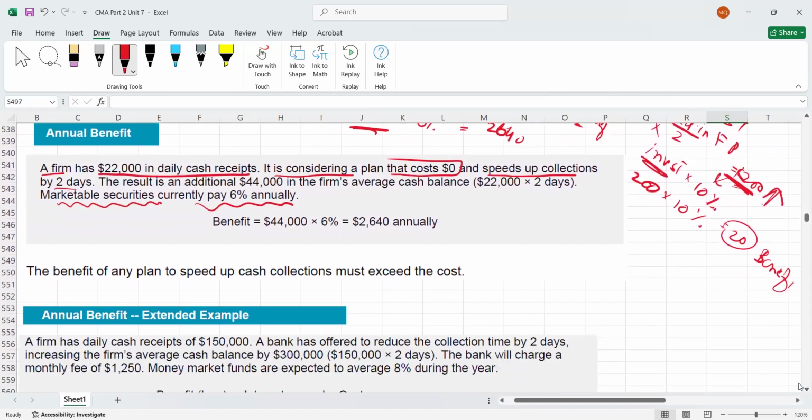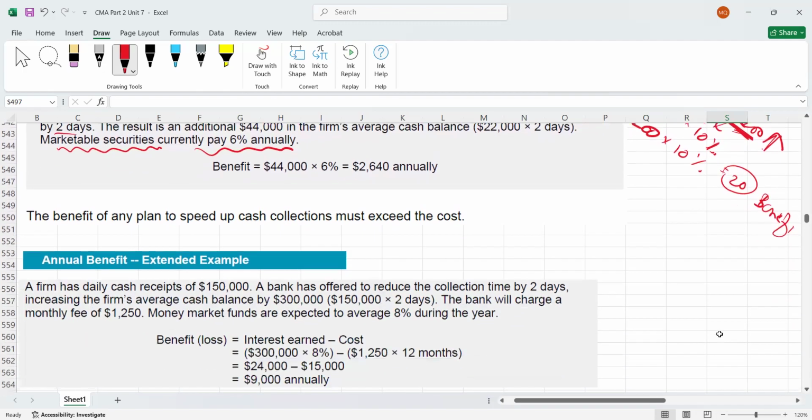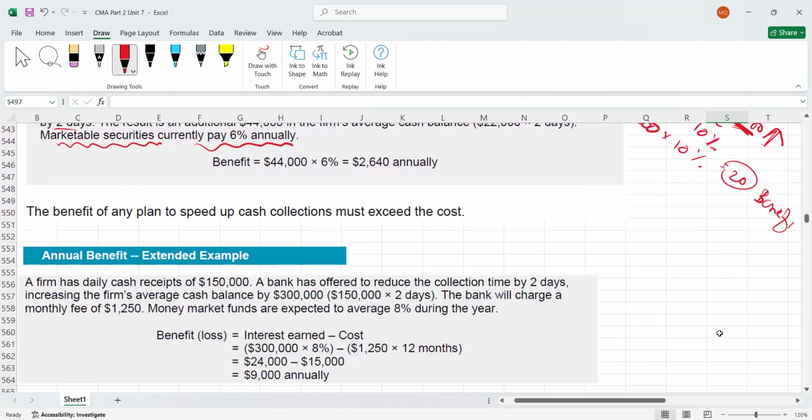Because you need not calculate only the benefit. You should calculate the cost also, right? Because sometimes there are different ways to speed up, which I'll show you in a few minutes. So we need to know the cost of the arrangement which we are using to speed up the collection.